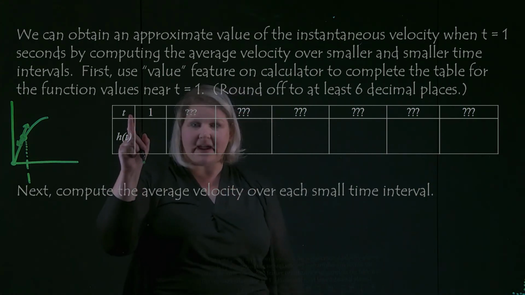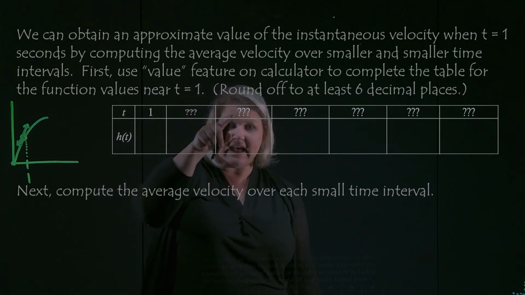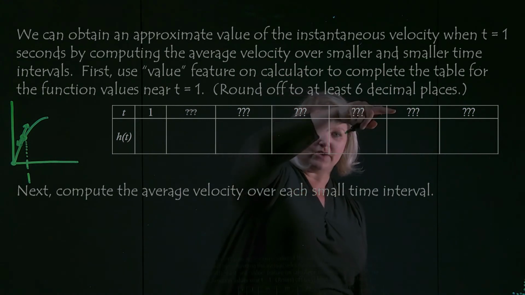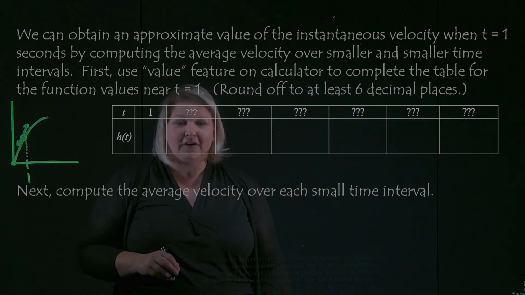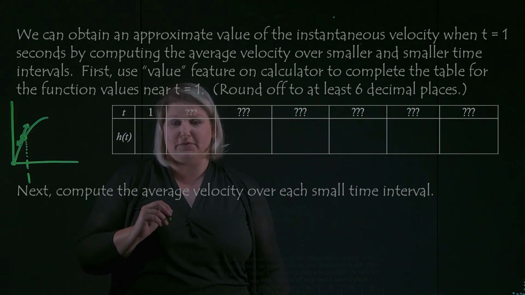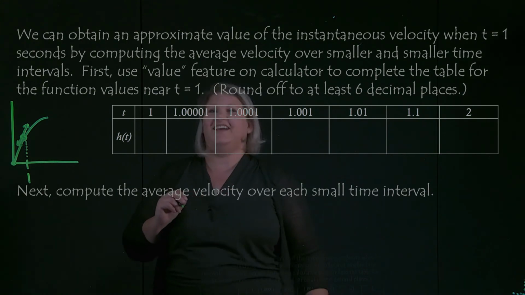Well, keep in mind, our t value in question is 1. So we have to look at different values close to 1. What values would you use close to 1? Good. Those are the values I use too.